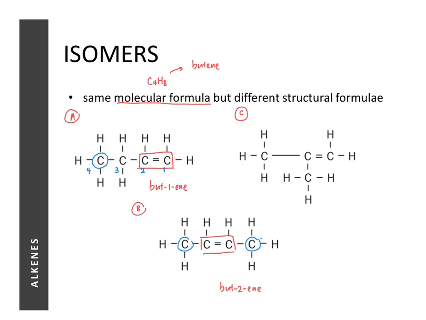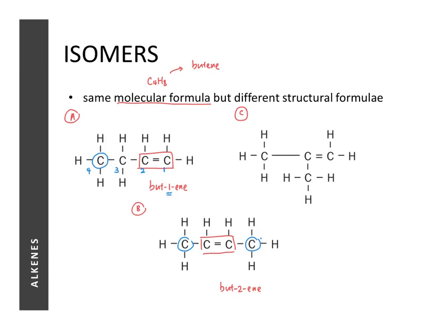Now your carbon-carbon double bond is across carbon 1 and 2. Therefore we use the smaller of the two numbers. We name the alkene but-1-ene.